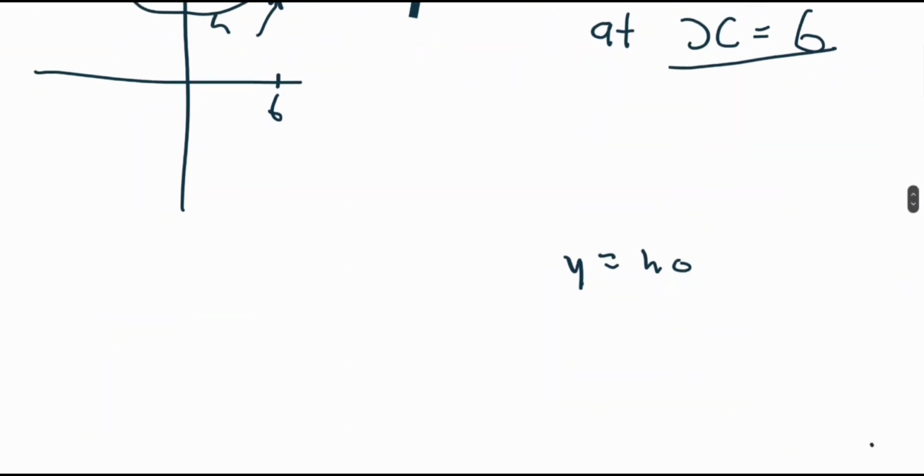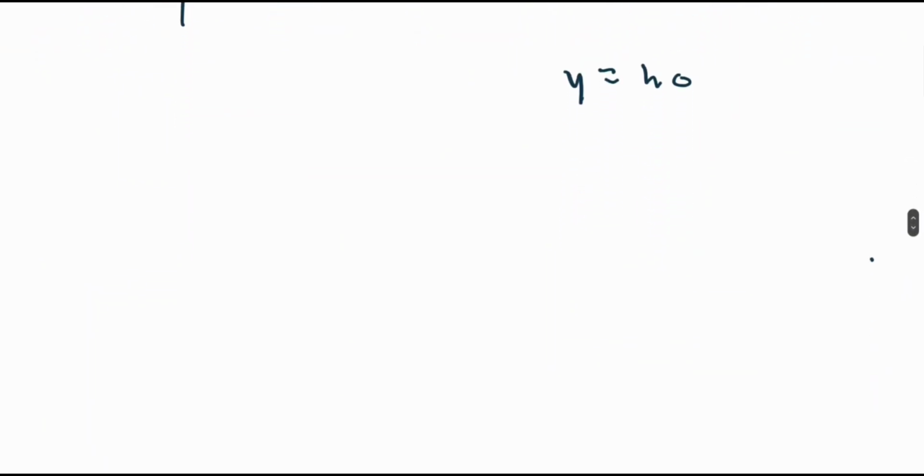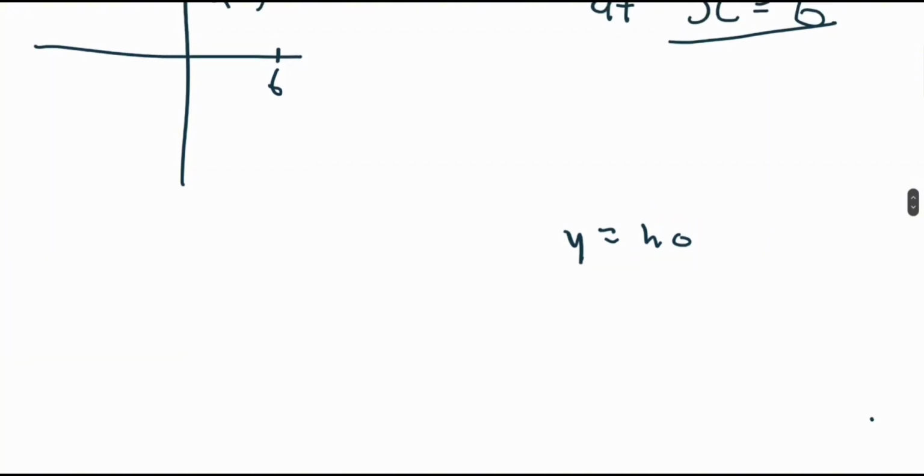Great. So now we are going to find the tangent line for that point. First, f of x is y, so f of x equals x squared plus 4. Great.